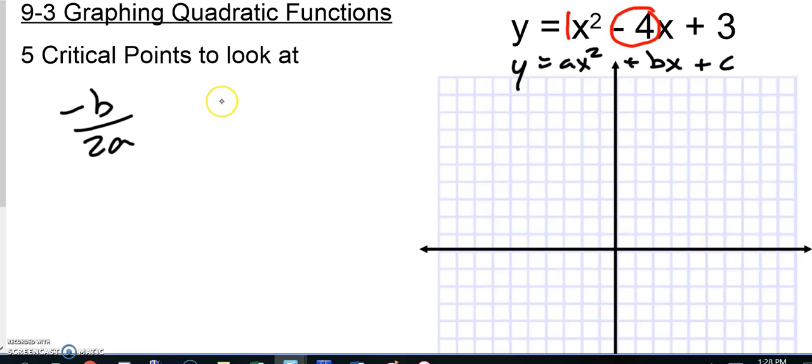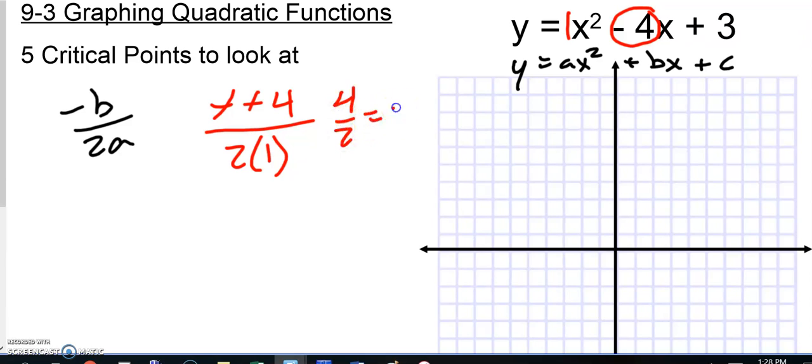So negative b, the opposite of negative 4, those negatives will cancel, and we'll have 4 up top. And then 2 times a, and a is 1, so 2 times 1. So really we have 4 over 2, or 4 divided by 2, which is 2. So my axis of symmetry is the x equals 2 line.